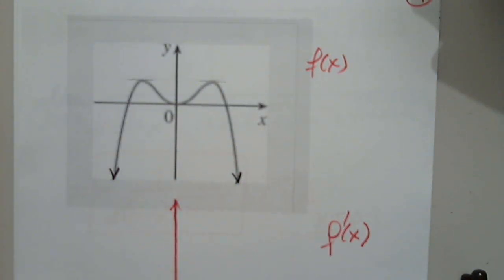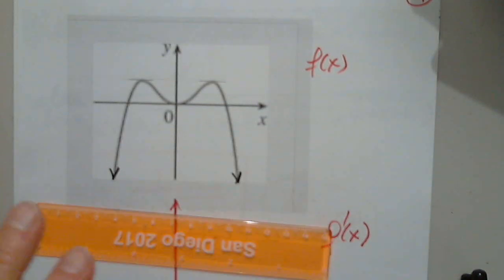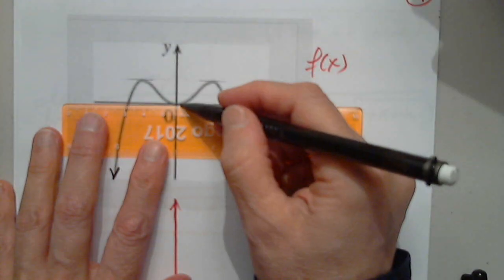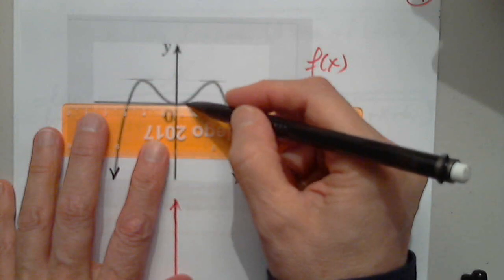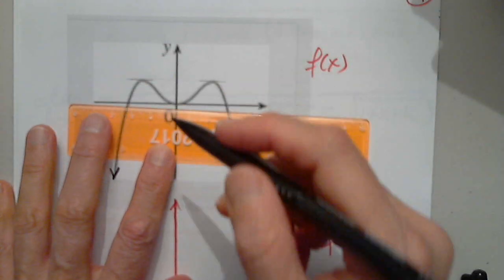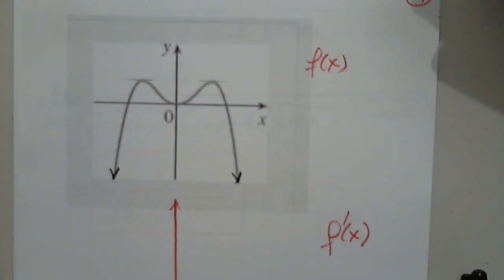Here's another point, right here. The tangent is horizontal. The slope will be 0. That's easy because it's the origin. Perfect. So for now, I found 3 points that belong to the first derivative.